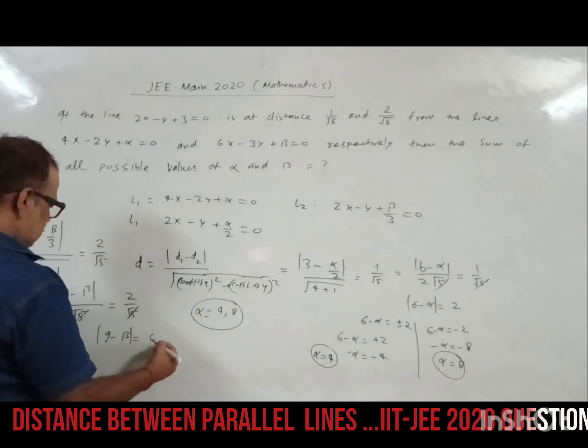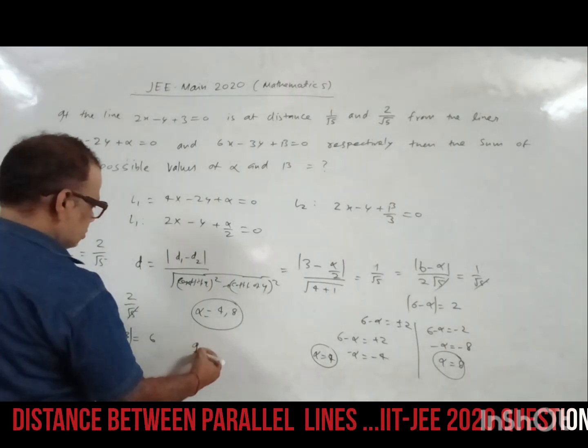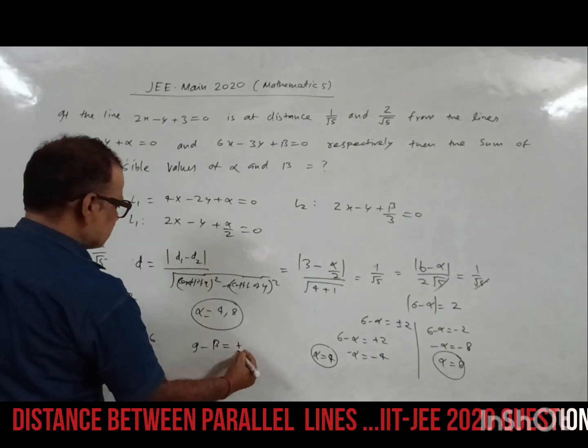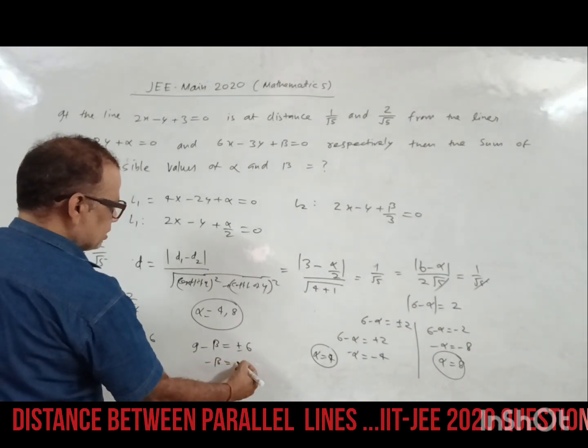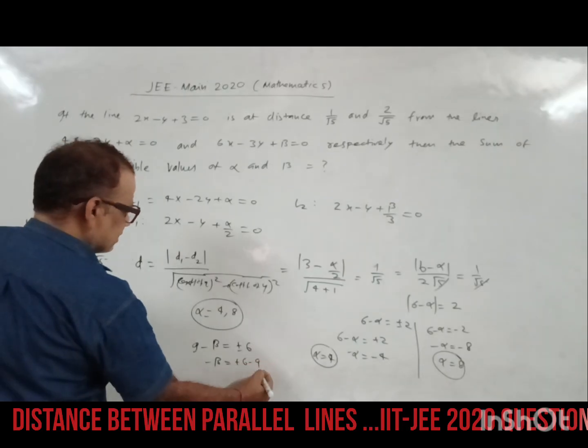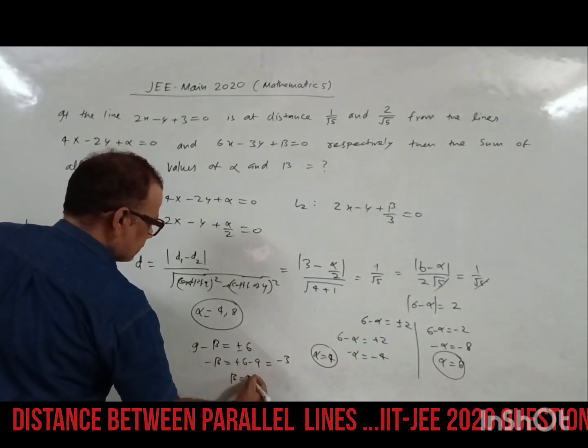So opening the modulus function, 9 minus beta should be equal to plus minus 6. Take the plus sign: minus beta is equal to 6 minus 9, so it is minus 3, so beta is 3.